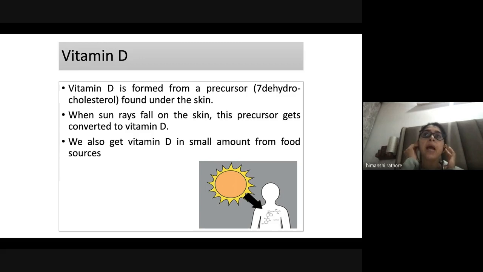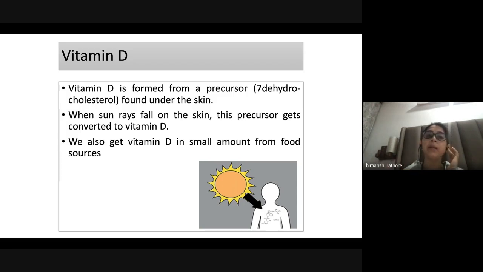The people are deficient in vitamin D. Why? Because they are applying sunscreen lotions on their skin when they are going outside. And what happens when you apply sunscreen on your skin? It will stop the UV rays and protect your skin from them, so your skin won't be able to synthesize a sufficient amount of vitamin D. Hence, it is always suggested that you stand under the sunlight at least for 30 minutes so that your skin can synthesize vitamin D, because sunlight is very important for your body.